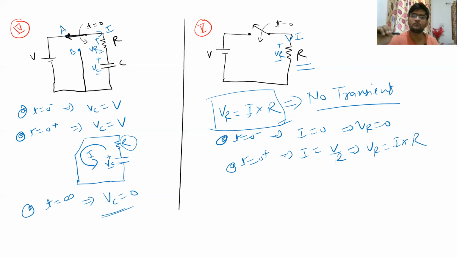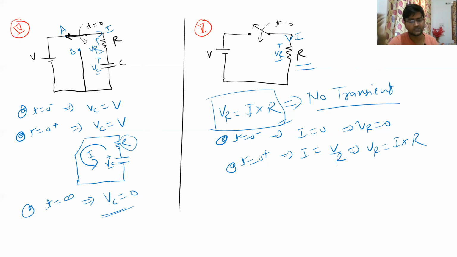An inductor does not allow sudden change of current. And after the steady state has been reached, if the inductor is applied across a DC source, it will behave as a short circuit because the voltage across the inductor will be equal to 0. Similarly, a capacitor does not allow sudden change of voltage across it.